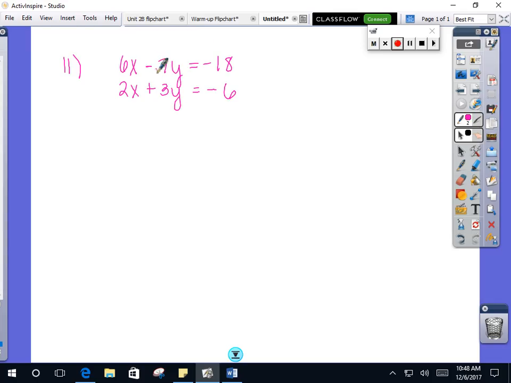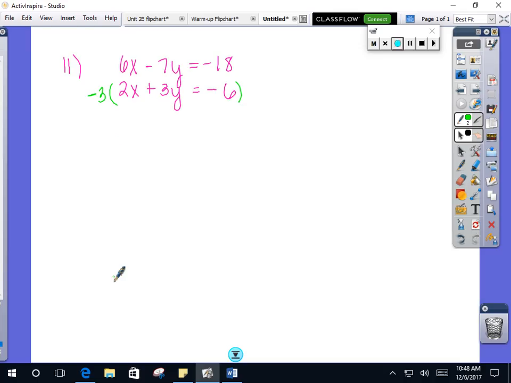However, there's no easy way to multiply this equation and make 3 become a 7, correct? So instead, I should probably try to make this number a what? A negative 6 though. Okay, because if that's the positive 6 up there, doesn't this need to be a negative 6?